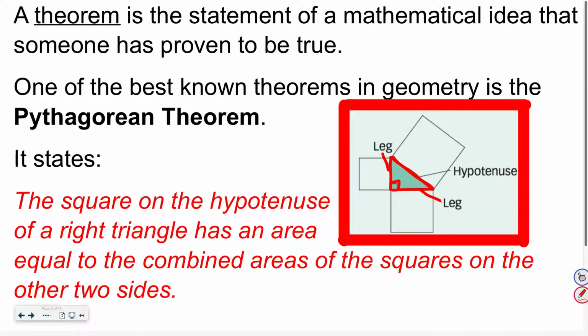Now we know a few things about the hypotenuse, which we will cover at other times, but I'll start to go over them now. The hypotenuse is the longest side. And in terms of its location, it is always opposite the right angle, or across from the right angle.